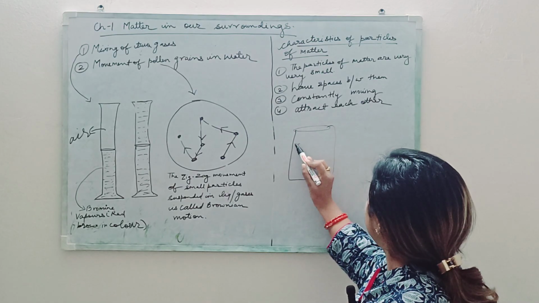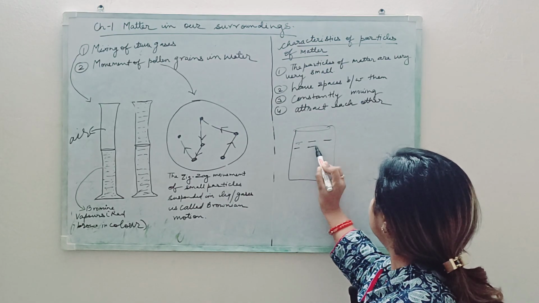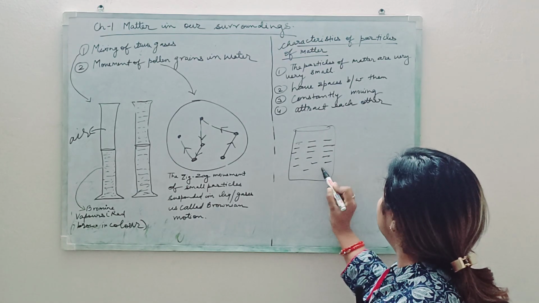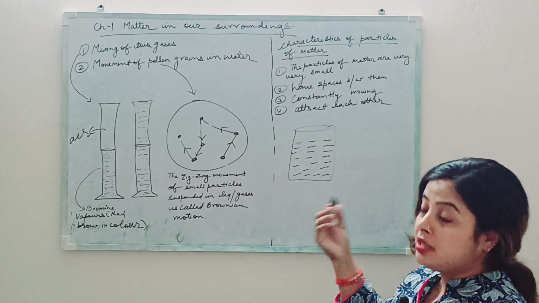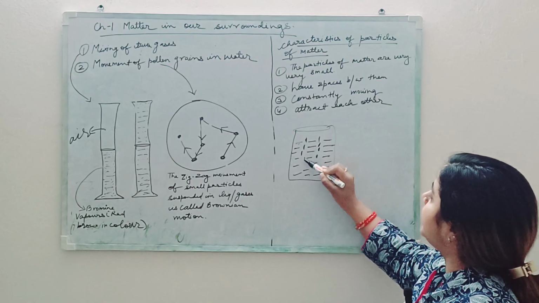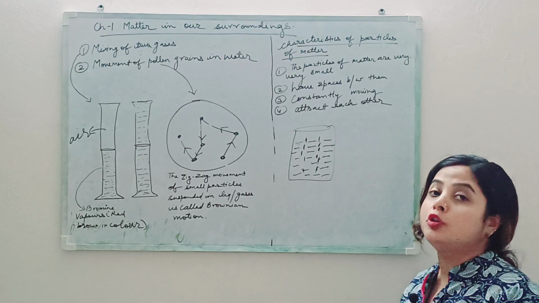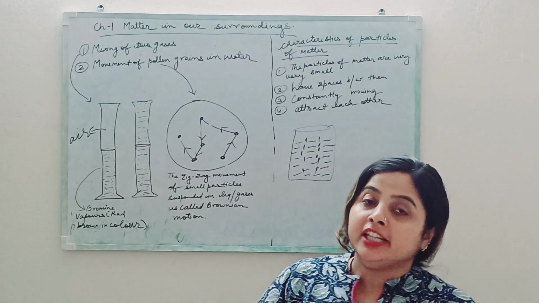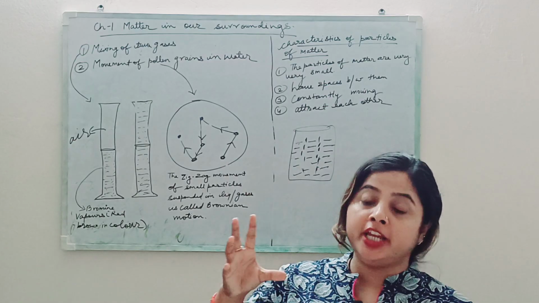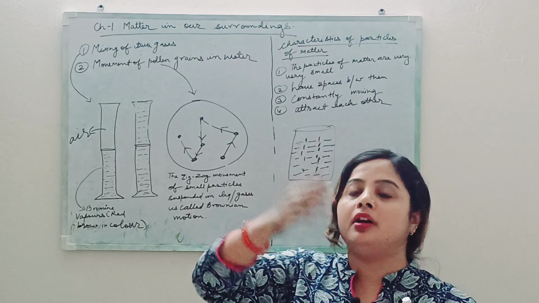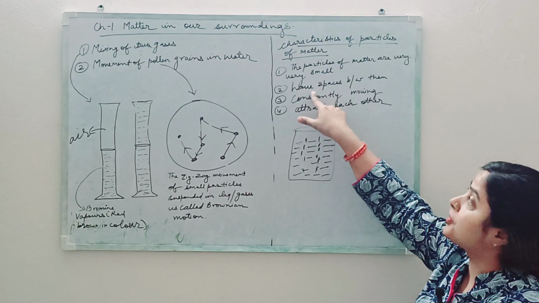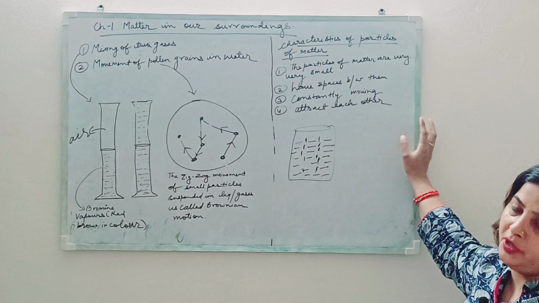This means that between the molecules of water there must be spaces where the particles of sugar get accommodated. That is why there was no change in the volume of the liquid even after dissolving the sugar crystals. So where did the sugar go? Actually, the particles of the sugar get accommodated between the spaces of the water molecules. That is why the second characteristic of matter is that particles have spaces between them.